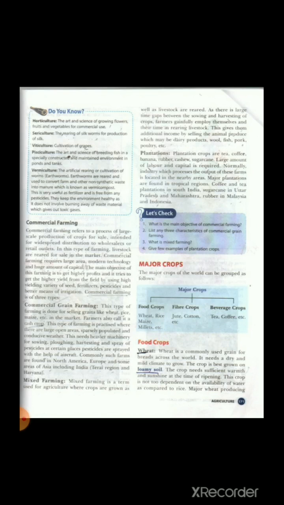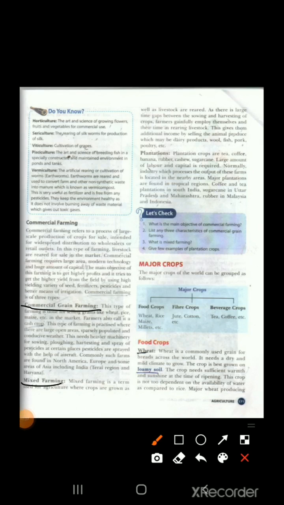Commercial agriculture involves cultivation of crops for sale, and the features are: size of the farms is big, investment is high, work is done by machines and hired labor, and output is high.